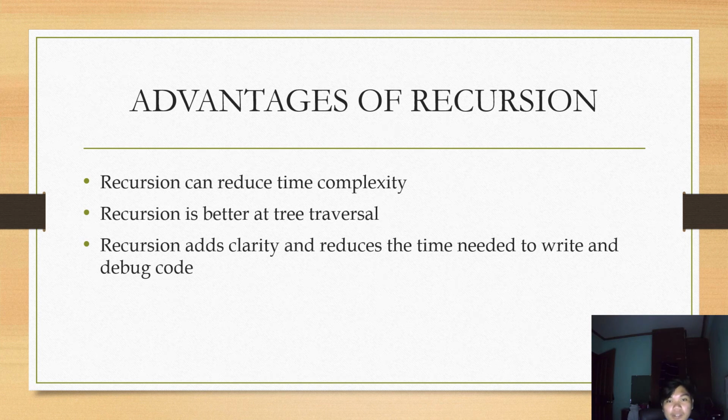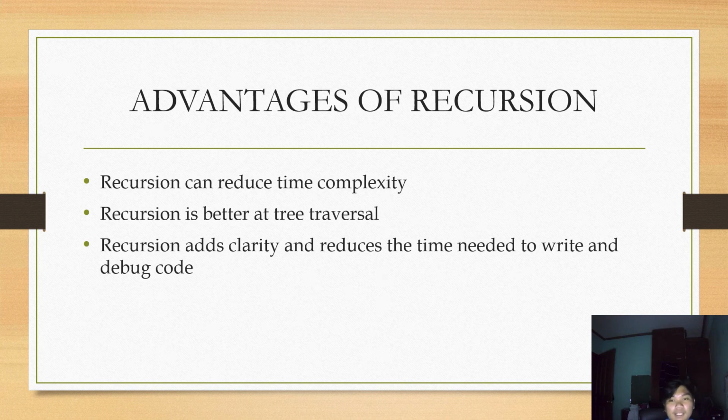So these are the advantages of recursion. First, it can reduce time complexity. Recursion is better at tree traversal, and recursion adds clarity and reduces the time needed to write and debug code.